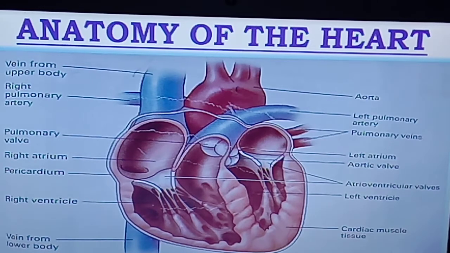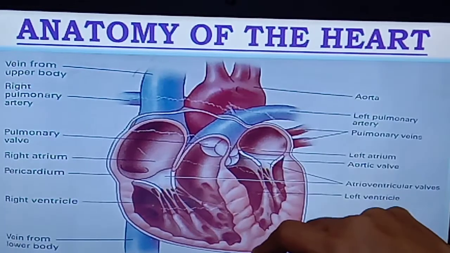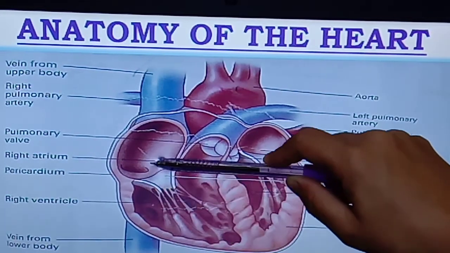In return, oxygen-depleted blood flows from the cells through veins of the upper body and lower body to the right atrium.